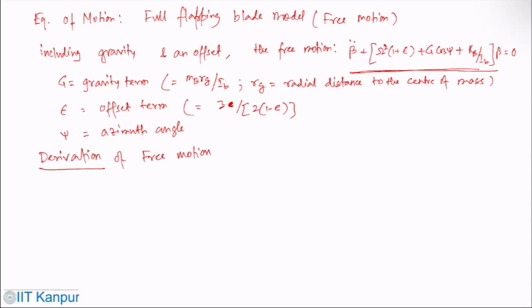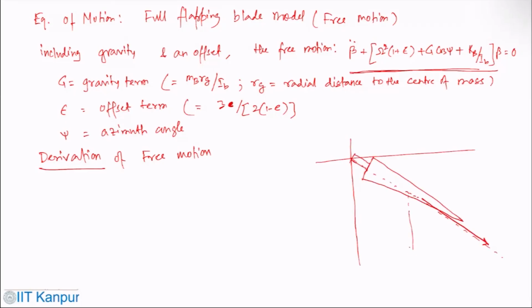So let us define a system here first. Okay. We have this. So this is G dm. This is psi. This side R cos beta omega square dm.